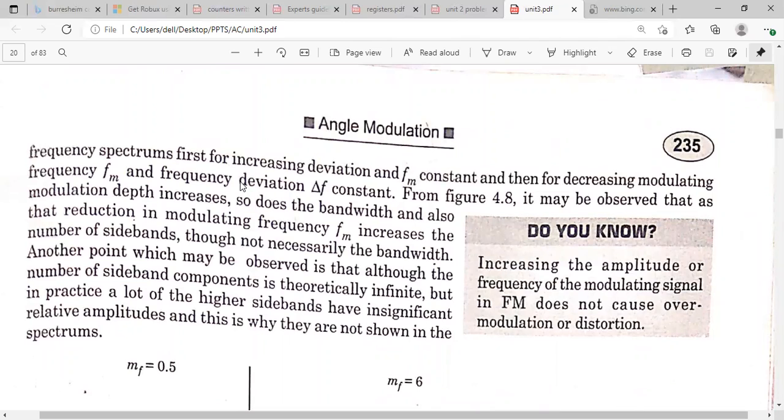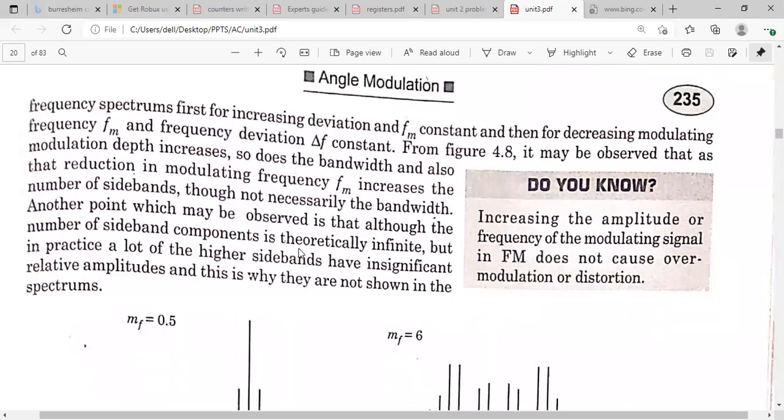The modulation index is a function of frequency deviation and also modulating frequency. If we increase Fm, the modulation index also increases. And if we increase Vm, the amplitude of the modulating signal, that also increases the modulation index.